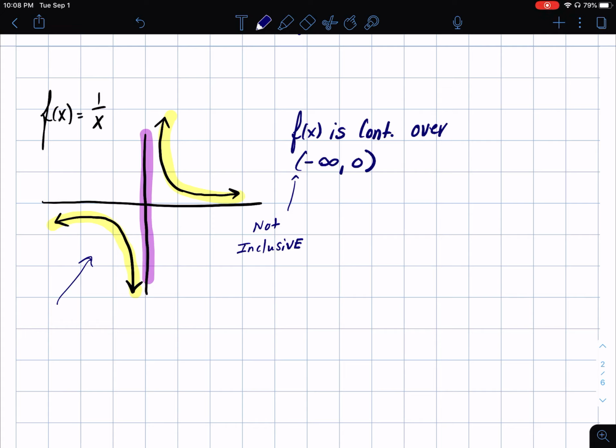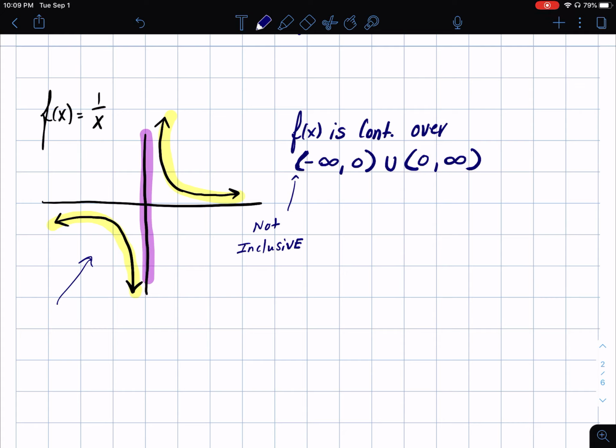And then we have this asymptote at 0. So 0 is not included in this domain, so we're going to put a parenthesis at 0. And then we'll say union 0 to positive infinity.